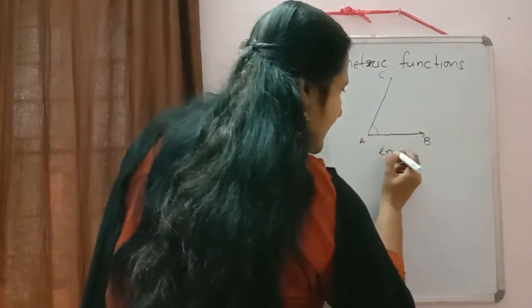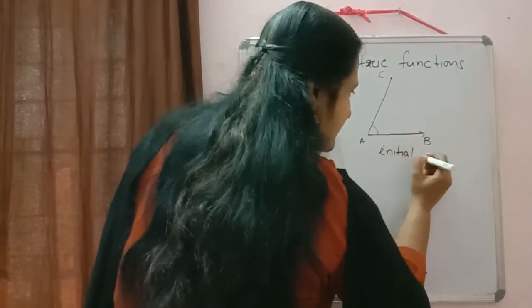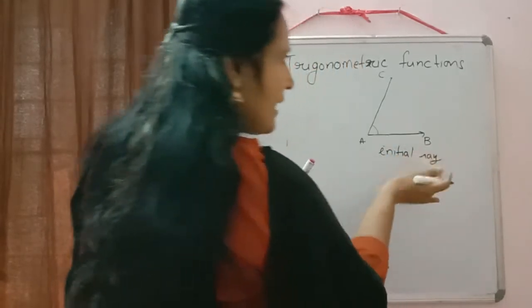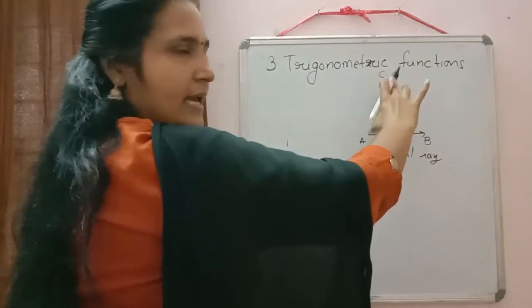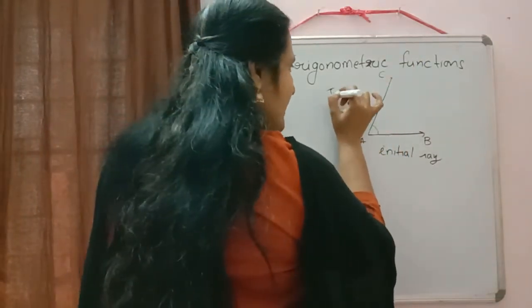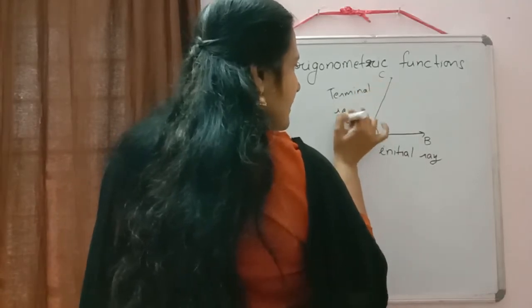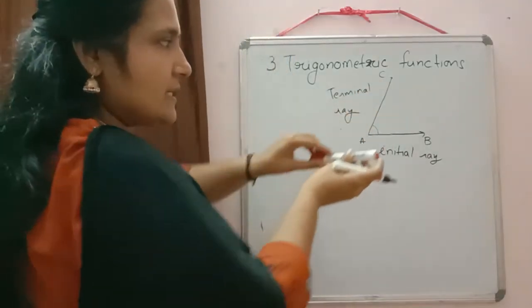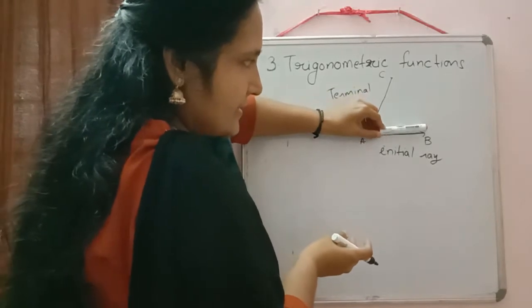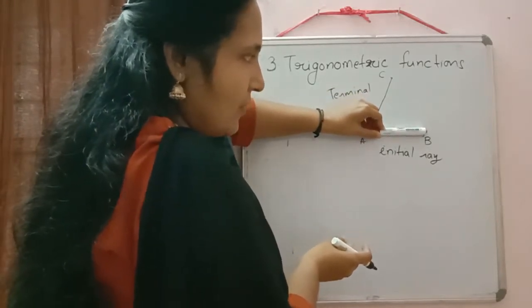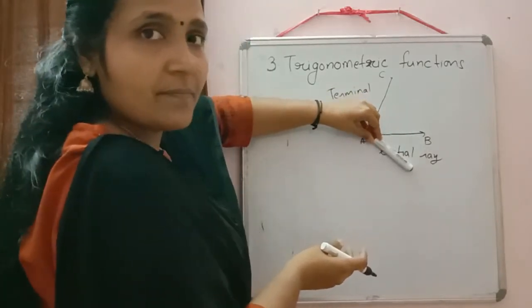So this is called the initial ray, and after that I reached here, AC. So this ray is called the terminal ray. Terminal ray. Okay, now all of you just check. In the same way, I can rotate downwards also, correct?